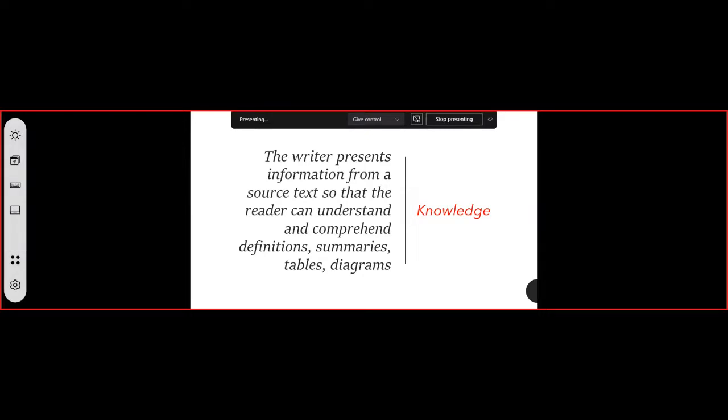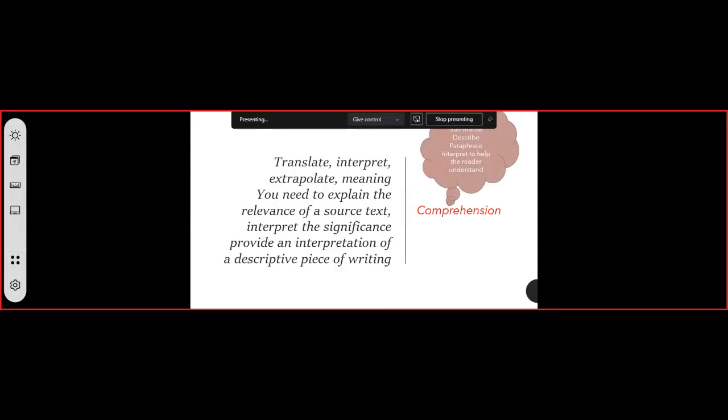It could be in the form of tables, diagrams. You can also, in your reporting, when you set up a table, maybe do a cross-table comparison between articles and give a tabled form of basic knowledge and basic information that you found. So that's at the bottom level.